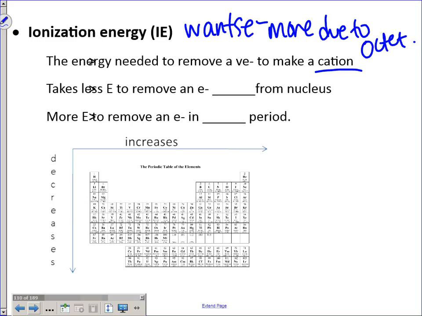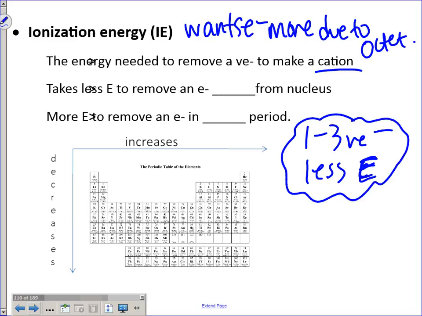If you have 1 through 3 valence electrons, it's going to require less energy to take your electrons because you're relatively not close to octet. You're fine to lose those and become cations of a +1, +2, or +3 charge. You're like, that's totally fine.